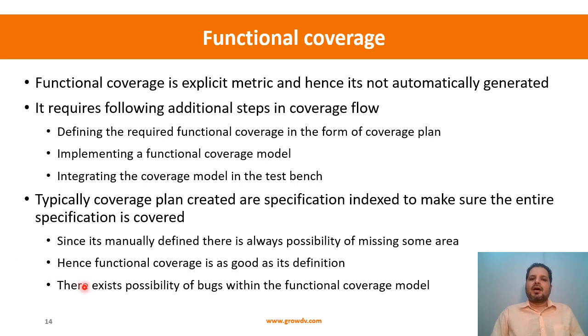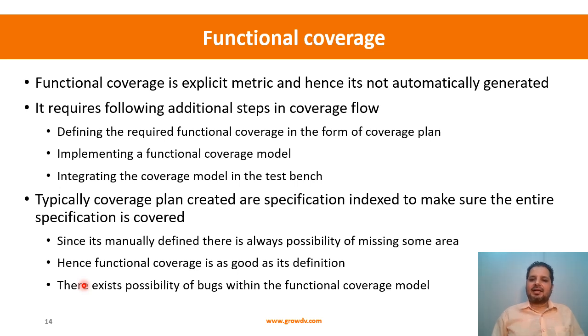Then there also exists a possibility: for example, the code coverage gets implicitly generated, but we have to now implement the functional coverage model. Implementation means we need to write additional code, not only to model the coverage and integrate it, but sometimes we'll have to write additional auxiliary code to store something till a particular point, and then we need to sample it and use it for the functional coverage.